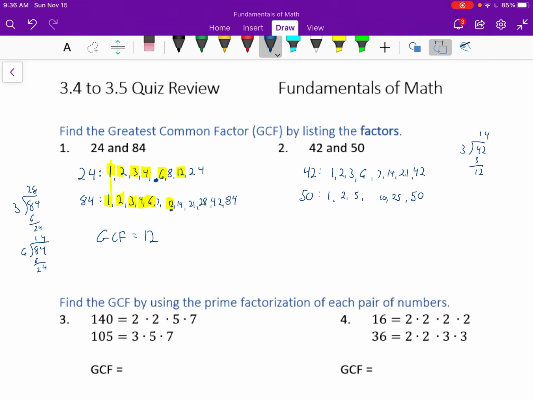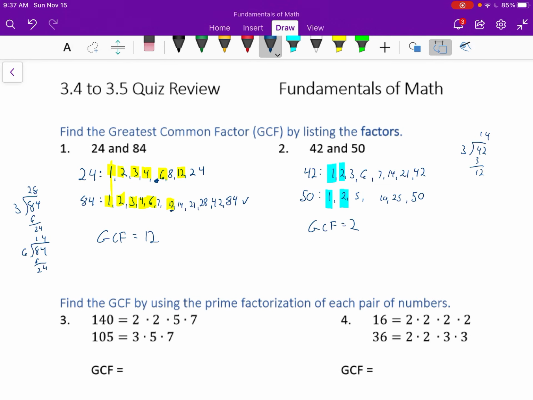Looking for the greatest common factor, there's a 1 in common, a 2, and that's it. So 2 is our greatest common factor. All right, so that's what we do for listing. It makes it a little harder when there's lots of factors like there was in 84 and 24.